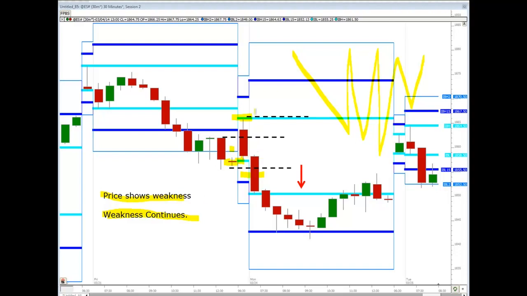So I'm using my initial balance lines to gauge the momentum in the market and the strength and the weakness of the directional movement that's taking place. So we take out the low here and we continue lower.